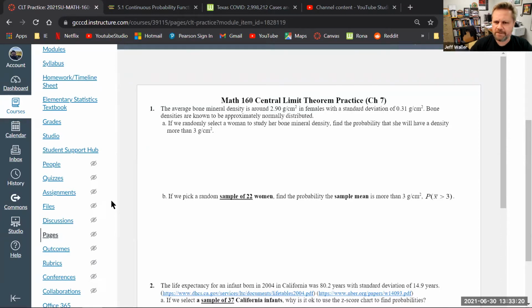Is anybody able to see it yet? Yes, I can see it and download it. I'm printing it out. Okay, cool. So let me open it a different way.